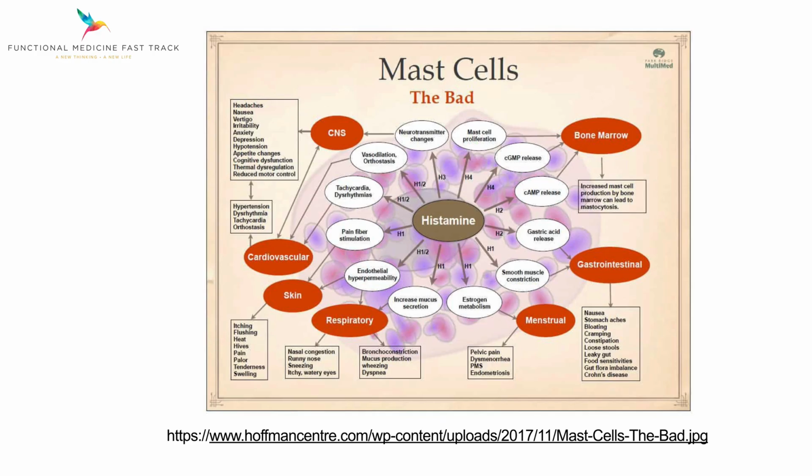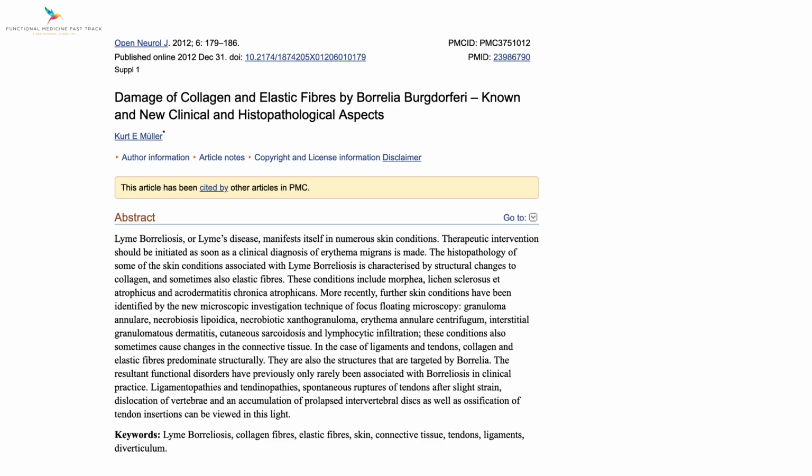And we know that when mast cells are initiated like that, they create so many different responses in all the different systems of the body, from the GI to the cardiovascular system to the neurological system, respiratory, the skin, and so on. You're going to see all these different systems or clinical signs and symptoms throughout the body.